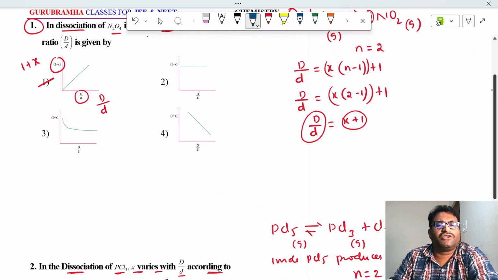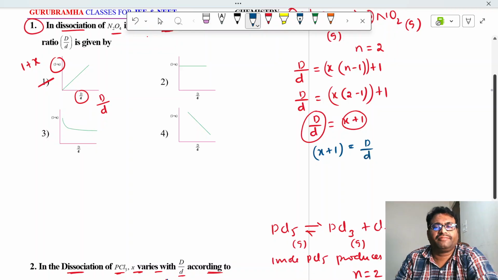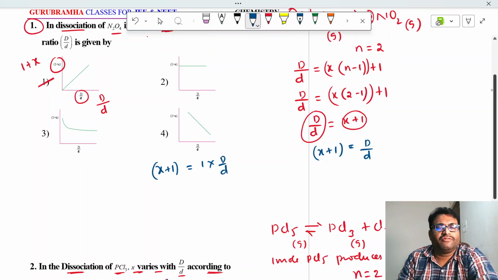In the first question also, let us take x plus 1 is equal to D by d. This can also be written as x plus 1 is equal to 1 into D by d, which is y is equal to mx with no intercept.